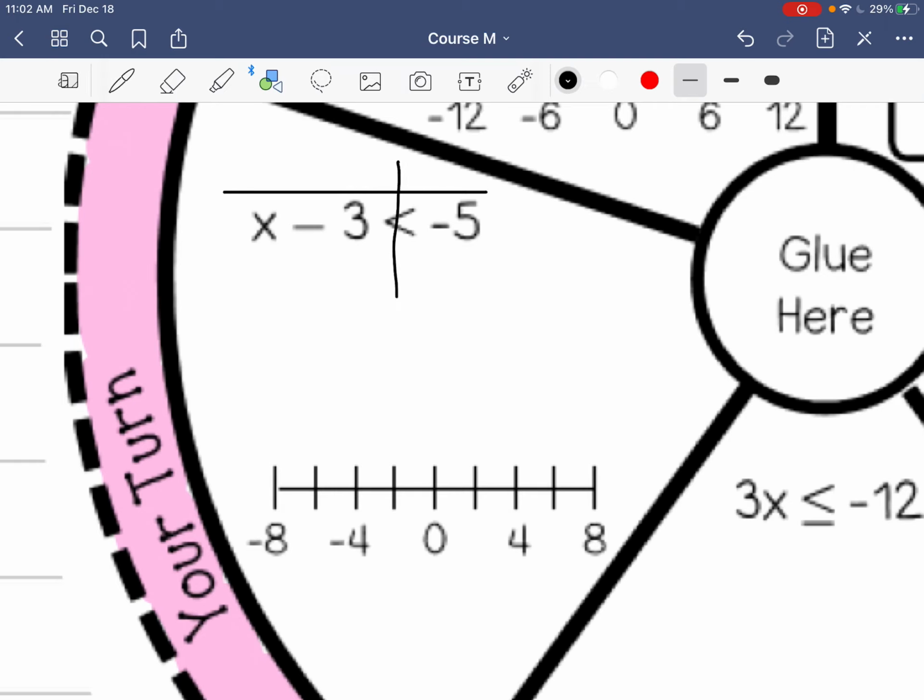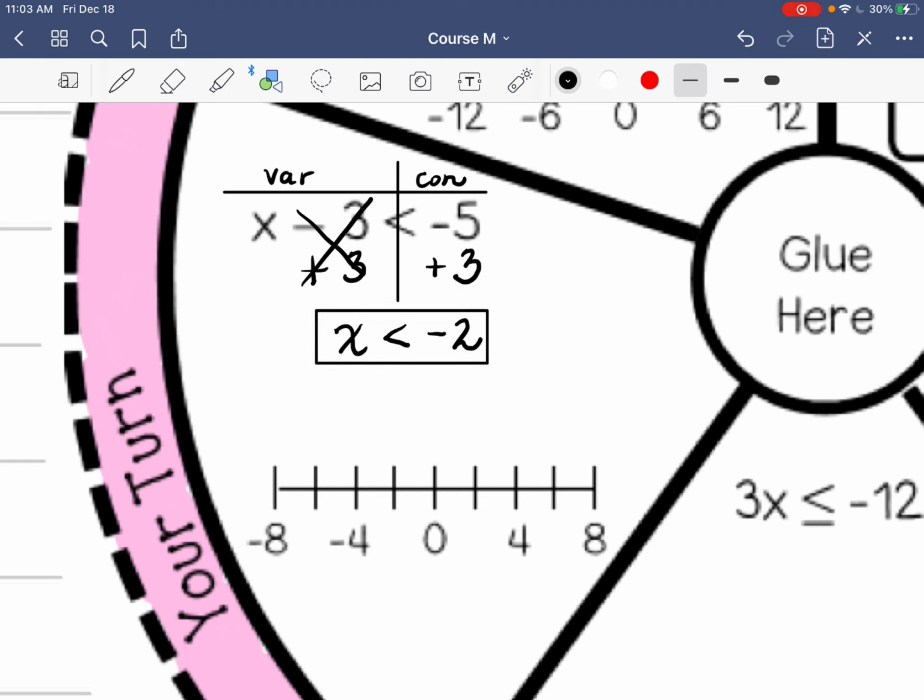Power t, variable, constant, add 3, cancel, copy. X is less than negative 2. Negative 2 is right here, and it's an open interval, and we're going less than that open interval.